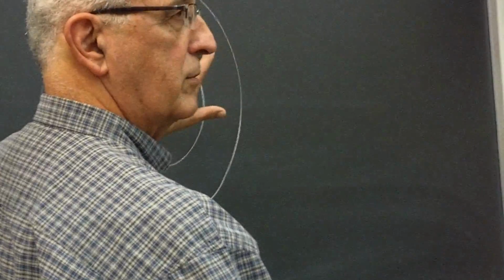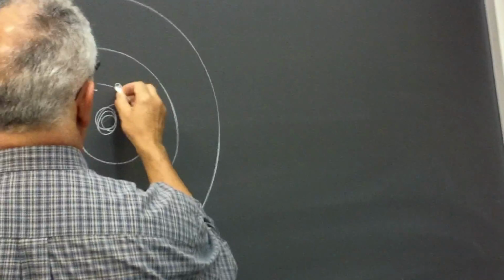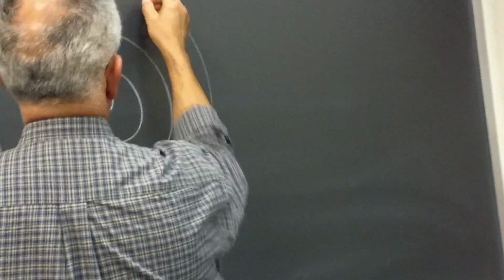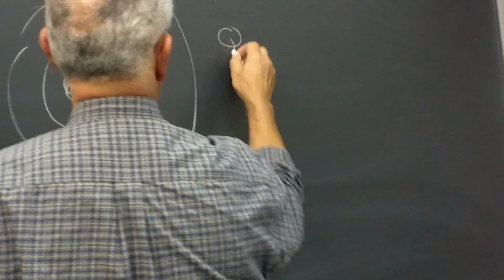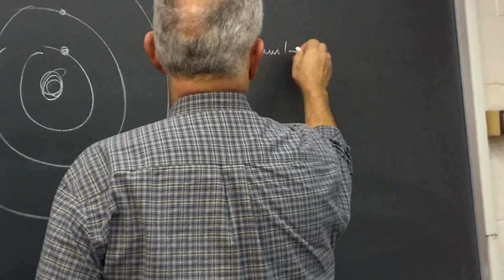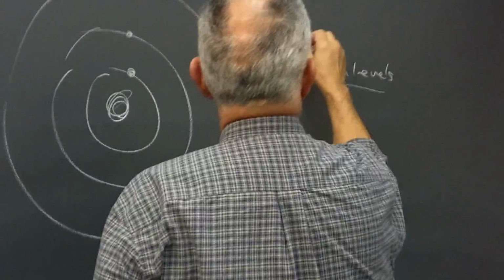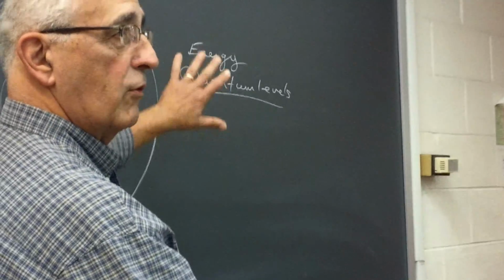We know that this is not absolutely accurate, but electrons have different levels, and we call these levels quantum levels, or energy levels. And at rest, at room temperature, all of these electrons mind their own business.